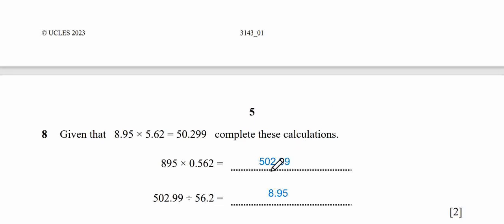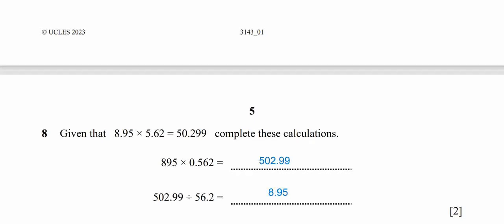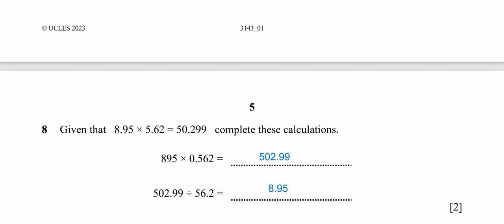Alright, let's open up the answer. So this is the answer. 895 times 0.562 equals 502.99. How did we get that? So we see the question is 895.